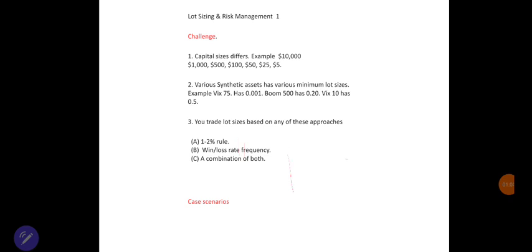So when the person risks all the money at once, there are two things that can happen. Either the person loses all the money at once, or, if very fortunate, because forex trading is a game of numbers, the trade goes on very well and the ₦1 million can become 10 million or even 100 million.